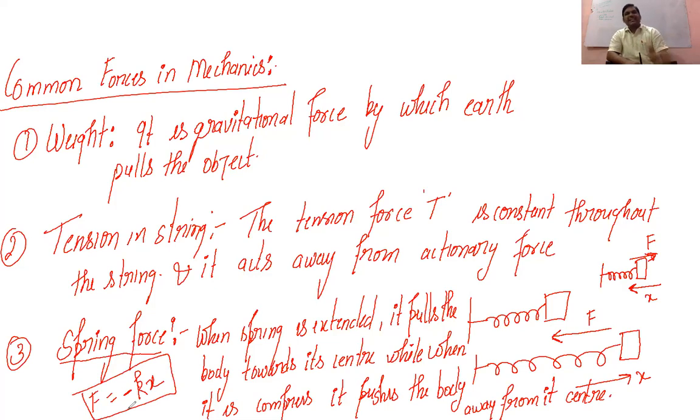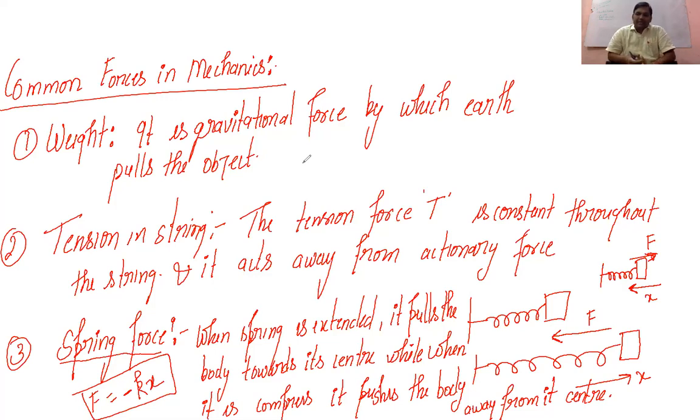Okay, so we'll see these things, spring force and all those forces, in detail when we'll be solving questions on the basis of these. These are some common forces which are going to be used throughout mechanics. There is one more common force, that is your normal reaction, or the reactionary force, that always acts against the actionary force.